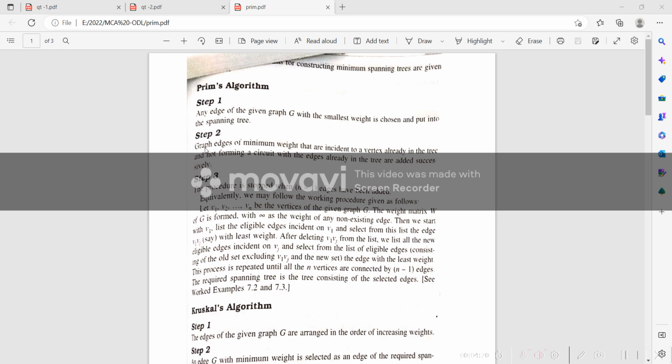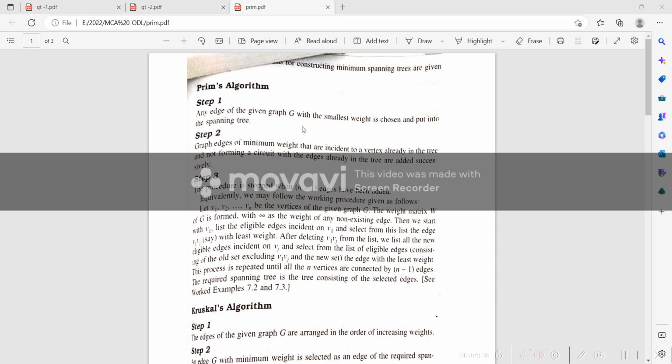And then in the next step, step 2: edges of minimum weight that are incident to a vertex already in the tree. Already we selected one edge joining two vertices, so those two vertices are available.